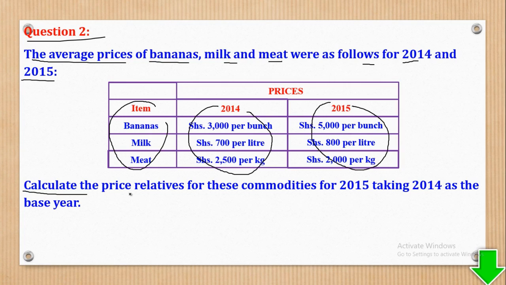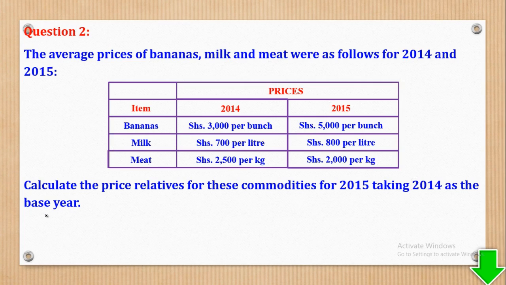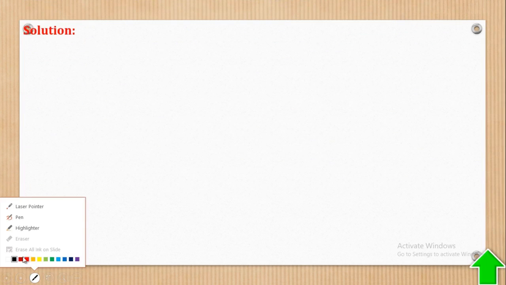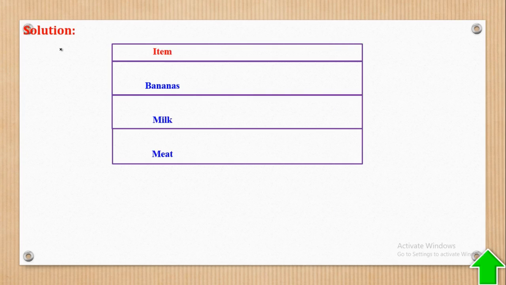Then they said calculate the price relatives for these commodities for 2015, taking 2014 as the base year. So even here they have specified for you what will be the base year. So you tabulate, you put here the items given, then you can calculate the price relative.